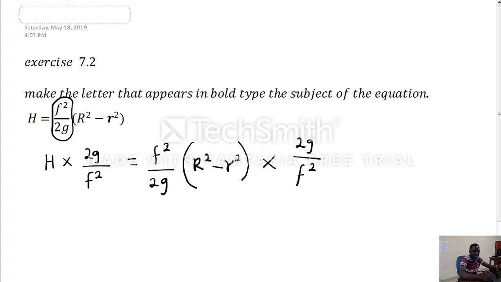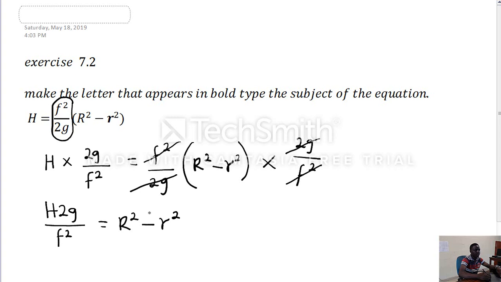Both statements I have made are the same thing, and they are going to give you the same result. So whichever you are familiar with, you go ahead to do it, so long as it is within the mathematics principle. So 2g will cancel out 2g, and f squared will cancel out f squared, leaving us with h times 2g over f squared is equal to capital R squared minus small r squared.